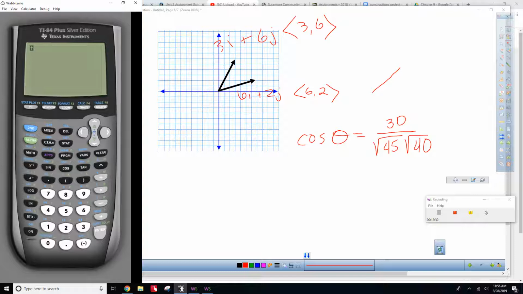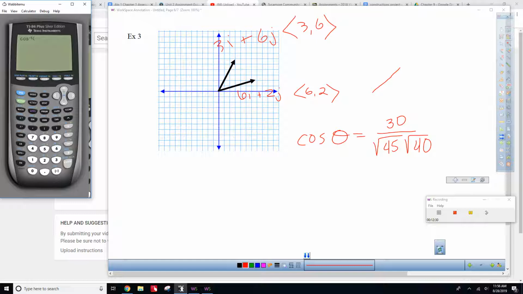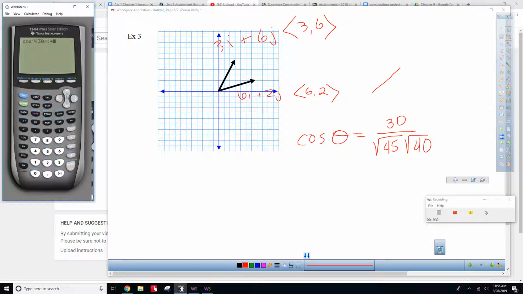Second cosine, parentheses, 30 divided by parentheses, maybe they want 45 times 40 on the bottom, close it.